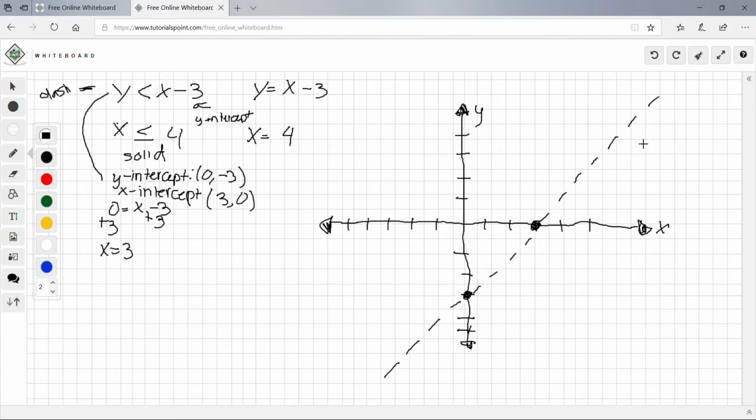So this is good. We will label this as y equals x minus 3.